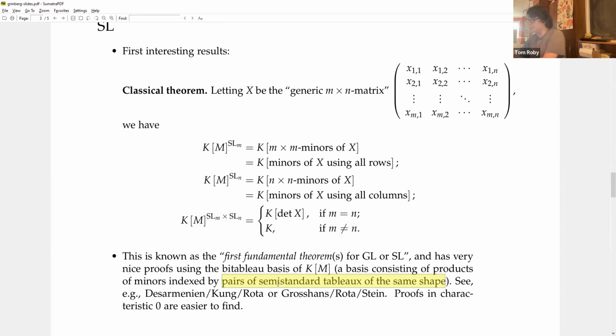Not the basis, but the pairs of semi-standard tableaus of the same shape. And the elements of the basis are products of minors. The minors are in a way given by the rows of the tableaus, or actually by the columns. So there are several places where you can find this proof. In characteristic 0, you can also cheat your way through via representation theory, but you definitely need bi-tableaus in arbitrary characteristic.